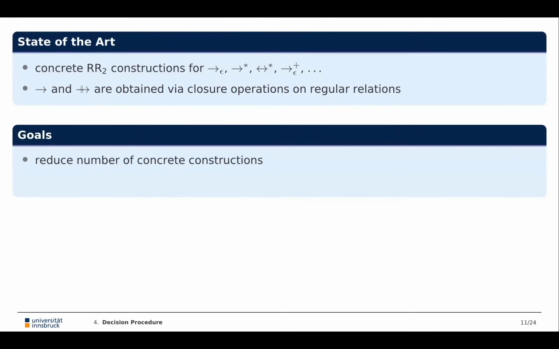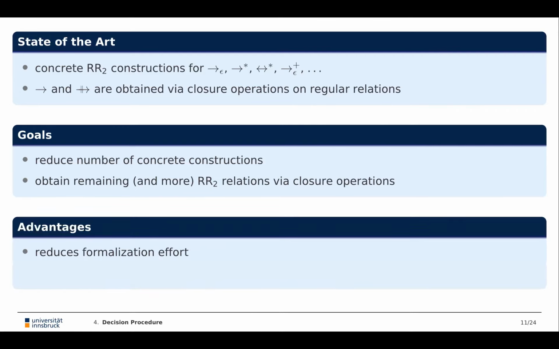The goal for the formalization was to reduce the number of these concrete constructions required and construct more of these predicates via the closure operations on predicates.